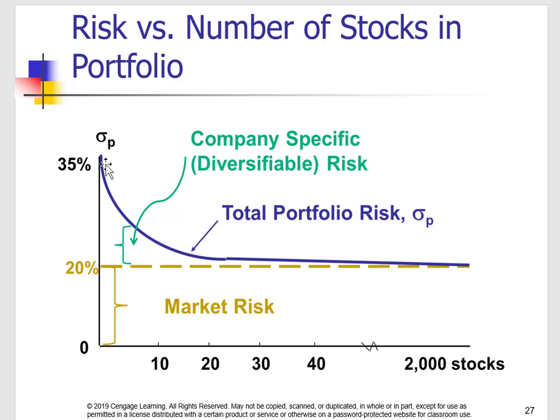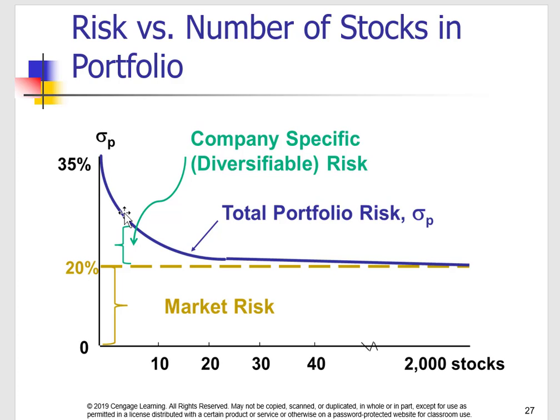When they averaged it out, it was a little bit more than 35%, pretty close to 40%. So what happens now is we add stocks together. Since they are less than 1 correlation, no matter how you add them together, even randomly, you're going to see the total risk decline.